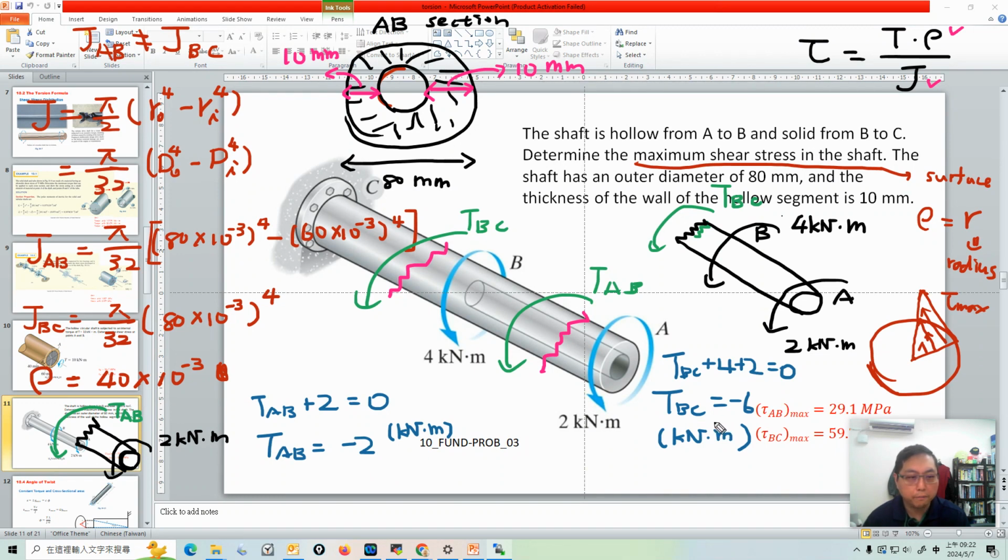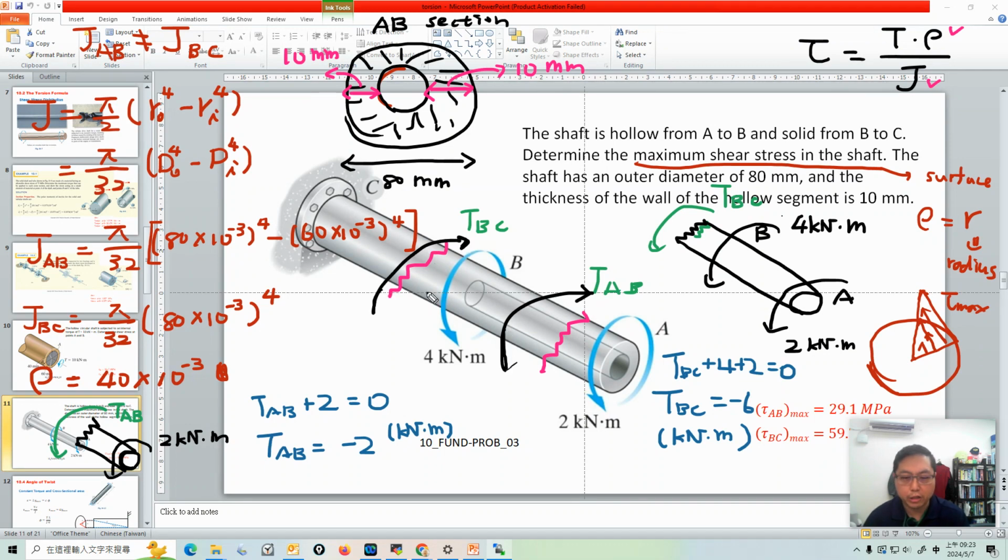Because initially we assumed counterclockwise but we both get a negative answer, the real direction of TAB and TBC is clockwise.